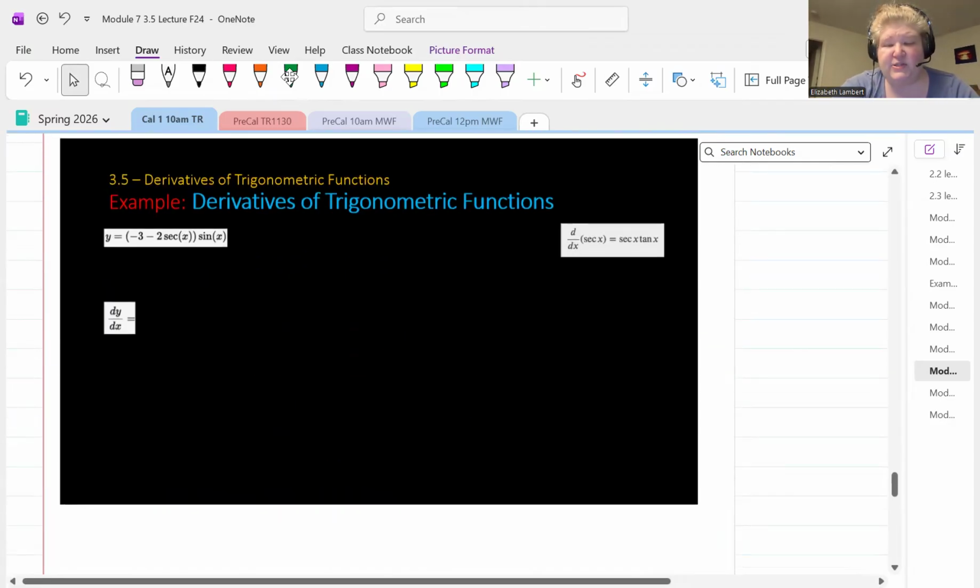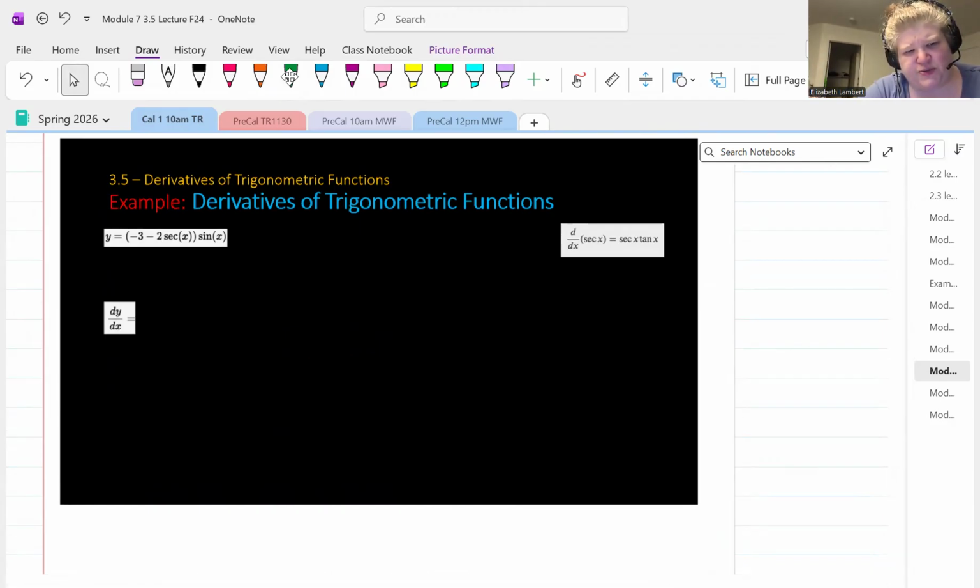All right. So now we're going to kick it up a notch. I've got the thing -3 minus 2 secant x times sine x. So I could distribute here, but then I'm still going to have a product rule. So I'm just going to go with the derivative in the format it's presented to me rather than try to distribute the sine, because it's going to be about the same amount of work.